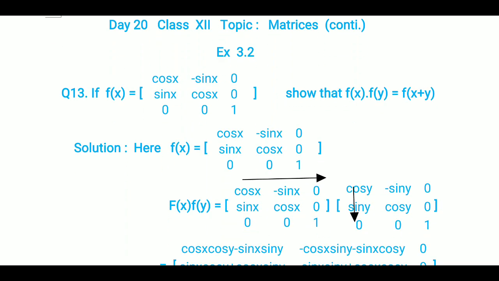Now here f(x) is the matrix cos x, minus sin x, 0; sin x, cos x, 0; 0, 0, 1. It is the matrix, and this is the function of x.